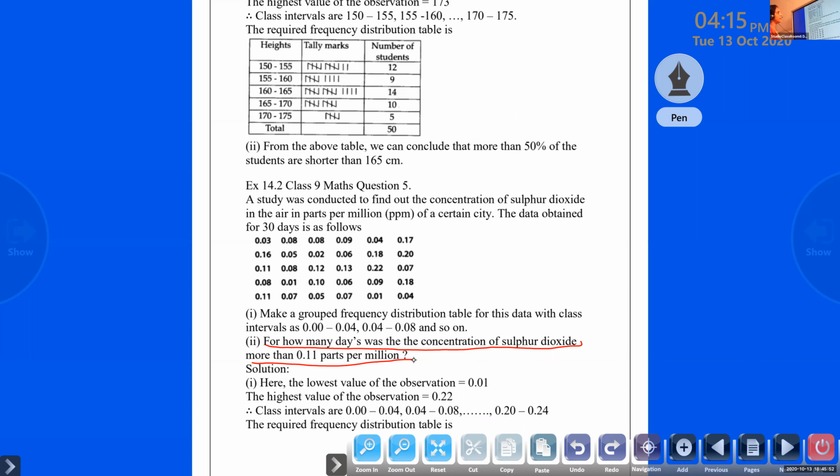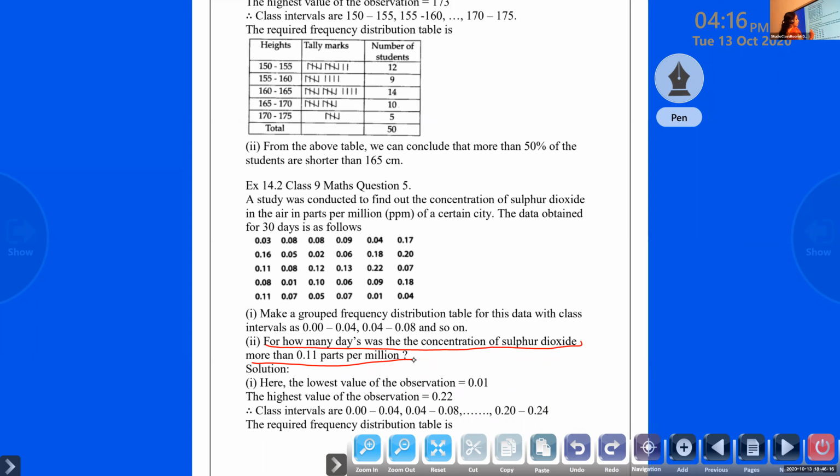Look at this table, all of you. What are the numbers which are more than 0.11? Select the numbers more than 0.11.